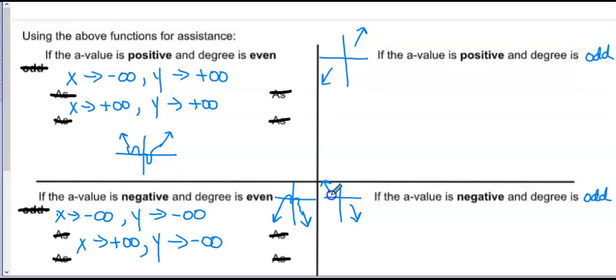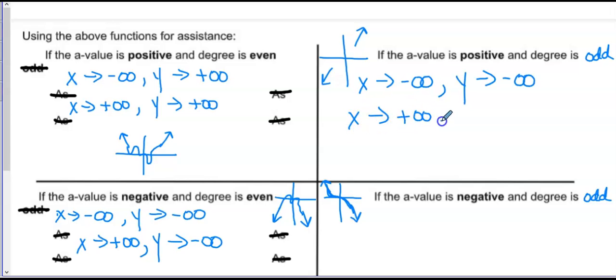A lot of times you'll see something drawn like this. So it'll look kind of like that. Okay, so let's talk about end behavior then. On this one, as x approaches negative infinity, so the left side of the graph, y also approaches negative infinity, and x approaches positive infinity, so these match. And then these are opposite.